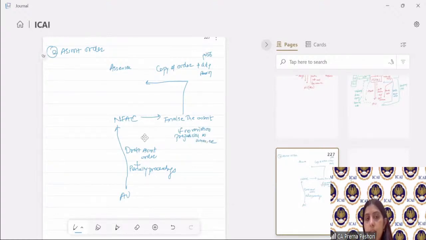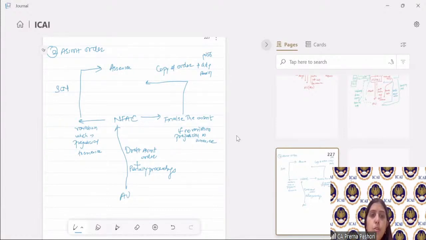In case there is any variation which is prejudicial to the assessee, then in that case, it will give a show cause notice to the assessee as to why this particular addition should not be made.